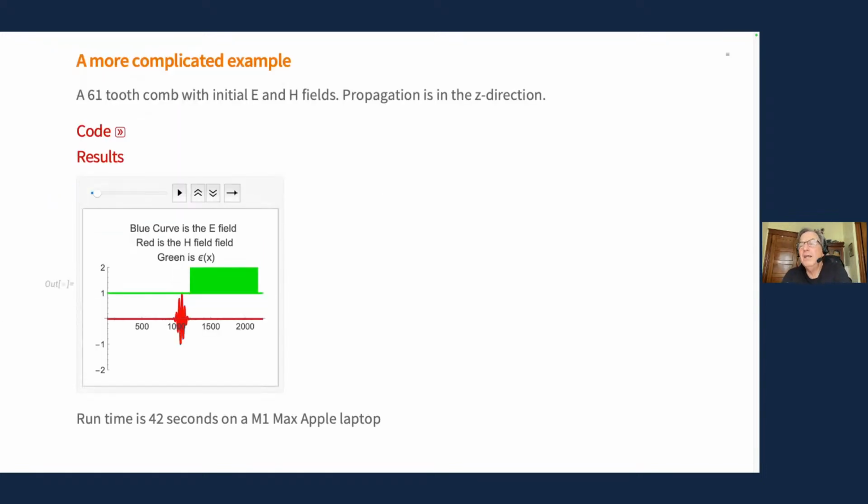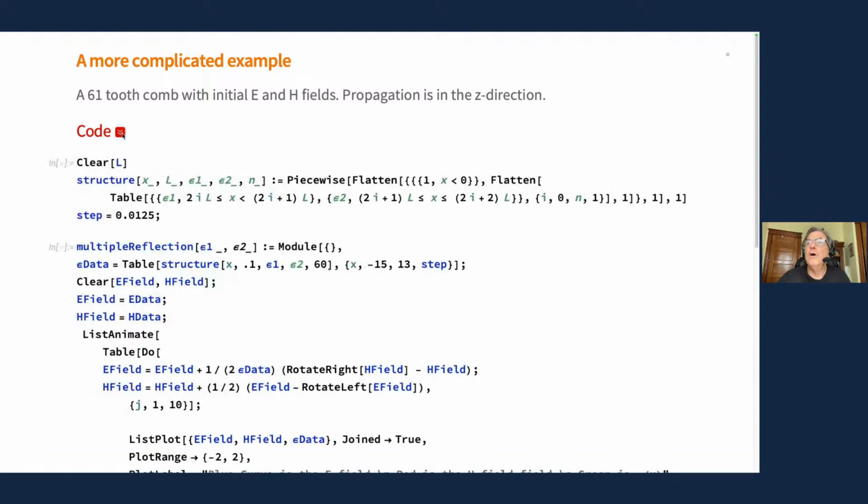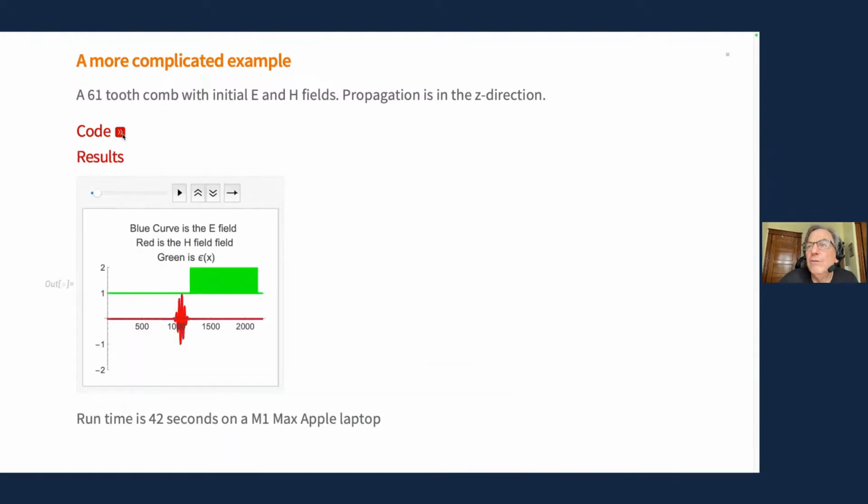Okay, here's a more complicated example. Here we have both initial Gaussian E and H fields. The code is all here in the notebook that you can look at if you want to download it. But what we have here is electric and magnetic fields propagating onto a dielectric comb with 61 teeth.